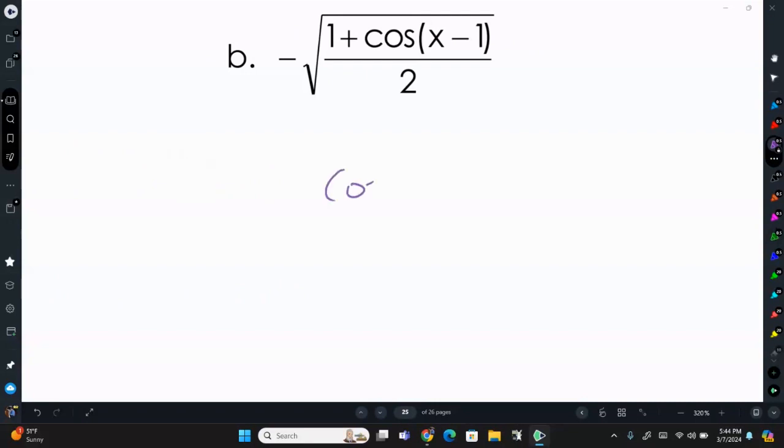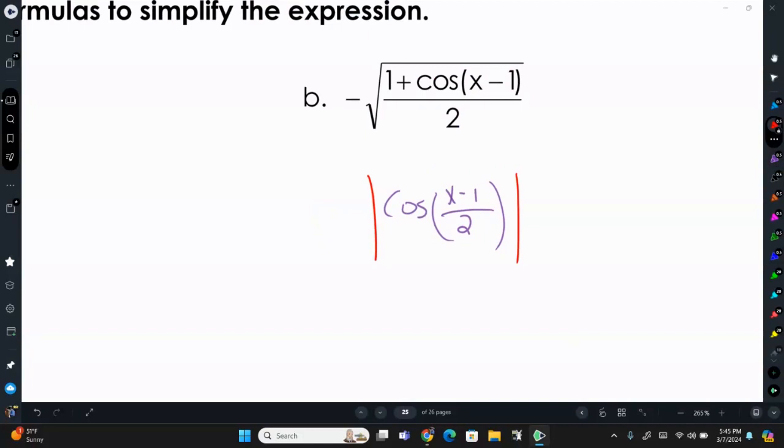So it's going to be the cosine of that angle, x minus 1 over 2. And then again, it's going to be the absolute value bars around that. So it's just using the half angle formulas backwards to make our angle smaller, and that will help in some instances.